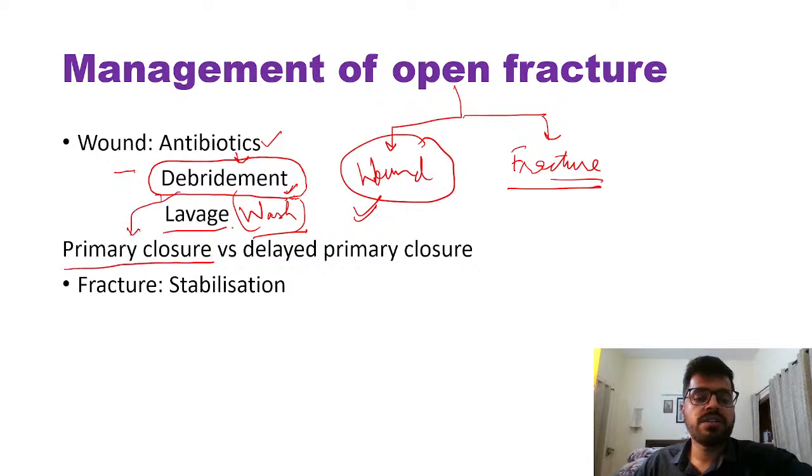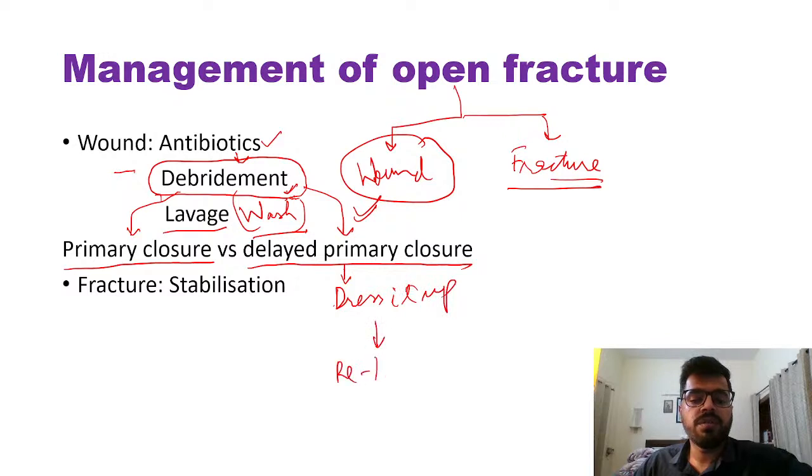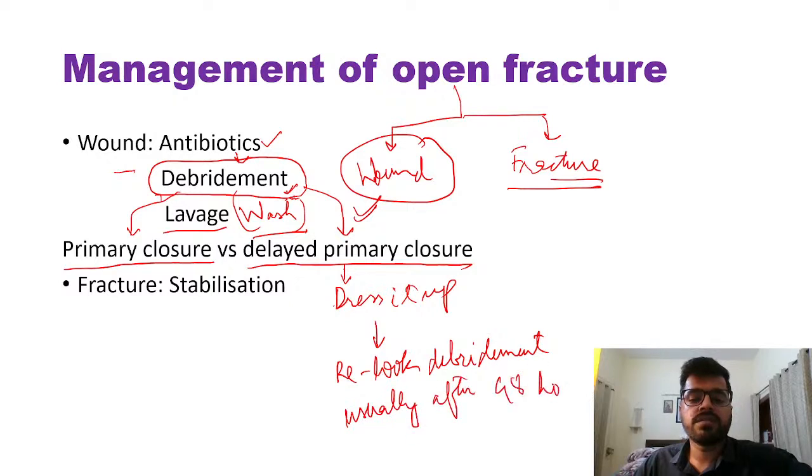If we don't think it's clean, we go for a delayed primary closure, in which we keep the wound open, we dress it up, and then go for a re-look debridement, usually after 48 hours.